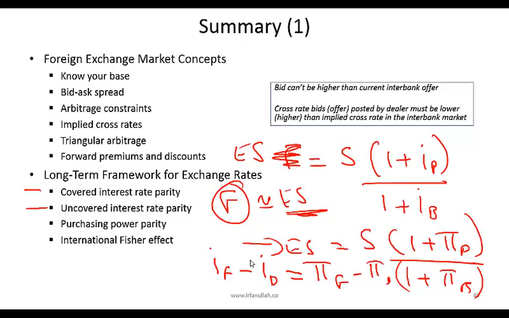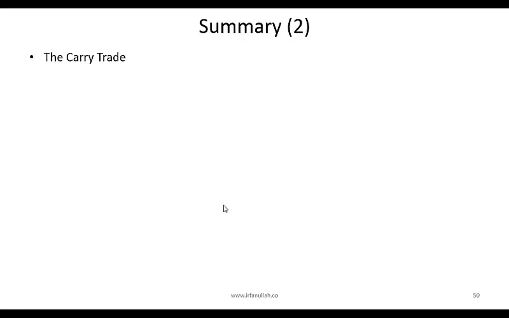Okay, this is the international Fisher effect. The assumption here is that the real interest rate is the same in both economies, right? So hopefully all this is something that you can now remember. Real interest rate parity is connected. This is just saying that the real interest rate in economy A is equal to the real interest rate in economy B.